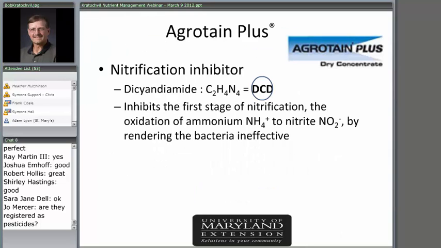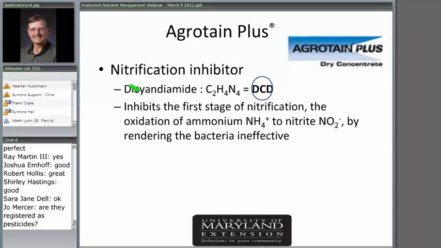Agrotain Plus, another product that comes from Agrotain International. This is another nitrification inhibitor. In this case, it's DCD, or dicyandiamide, and you can see right here the cyan, this helps describe how this works as a bactericide.